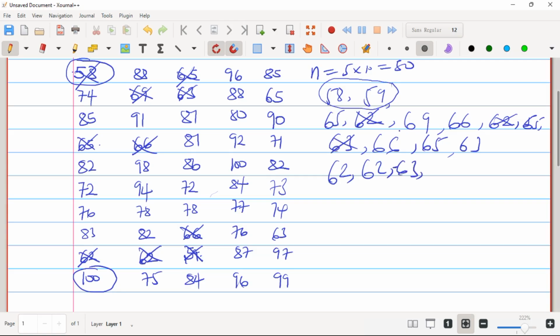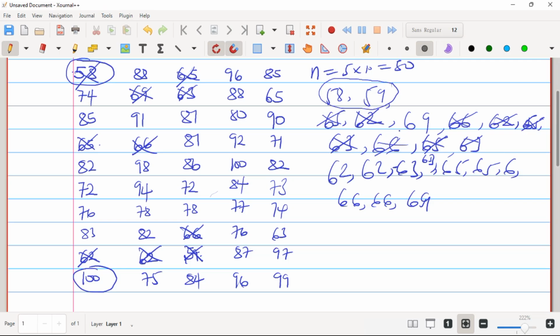So 63, you have 64, no. 65, yes. 65, yes. And then there is another 63 here, yes. So I have to add it here, 63, right? And then we have 66 and then 69, right? 66, 66, and then 69, right?